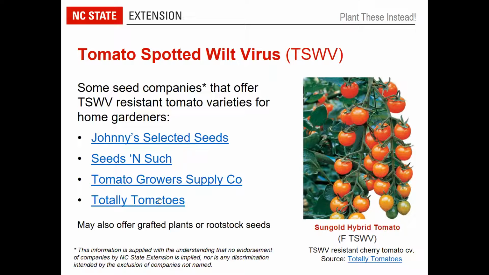But these are companies that if you check their catalogs or go to their websites, you can find the varieties that we've just been mentioning. Quite a few, I think all of them, also offer grafted plants where you can order grafted plants. That's what we're going to talk about next. Or you can buy the seed for tomato rootstock if you want to try to graft your own.